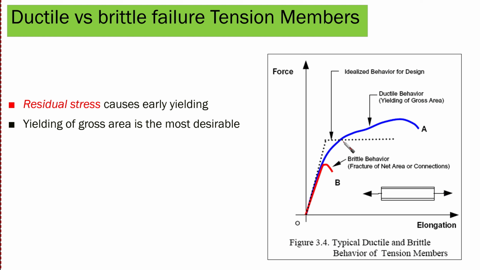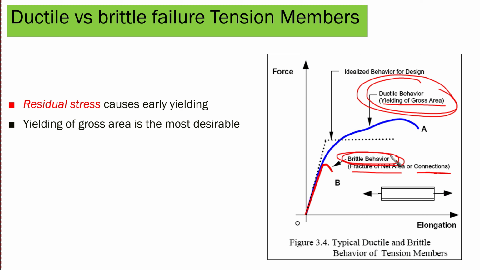We found something very interesting, and actually it was expected also. Yielding of gross area is showing a ductile behavior. However, the fracture of net area or connection failure has a brittle behavior.